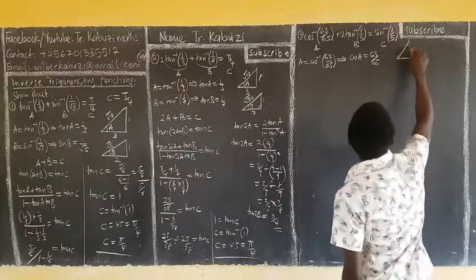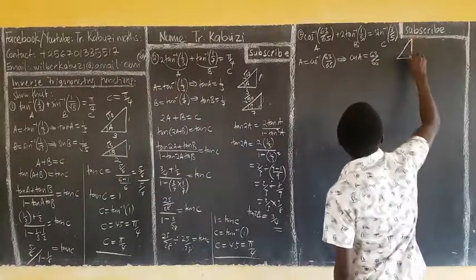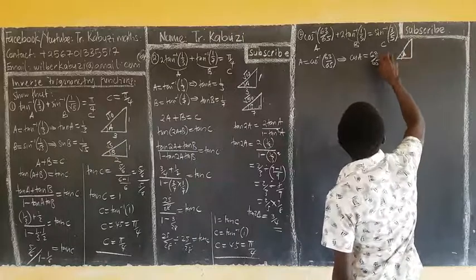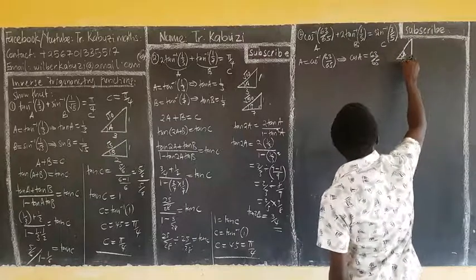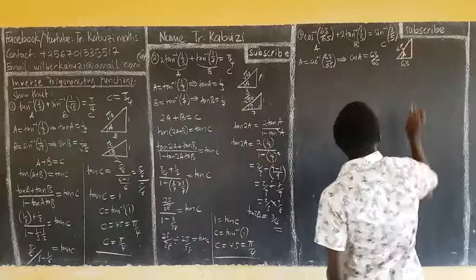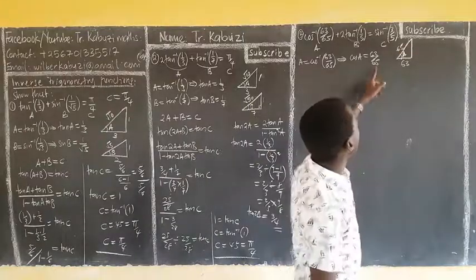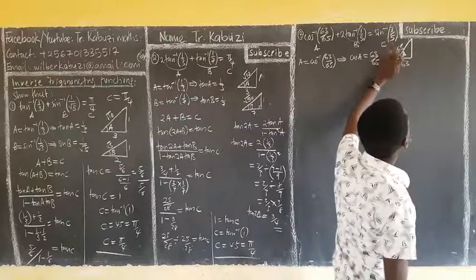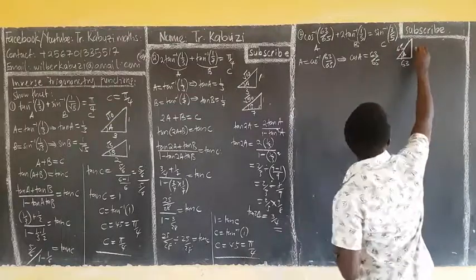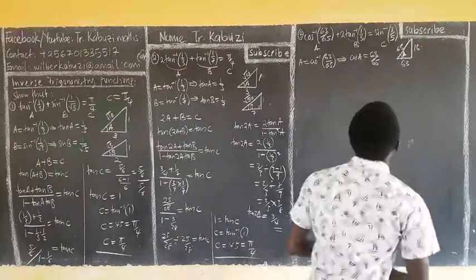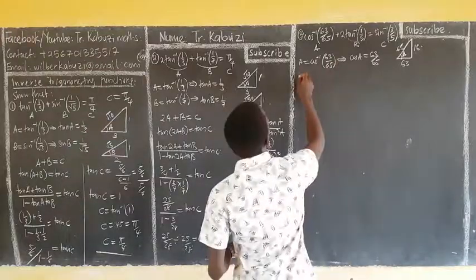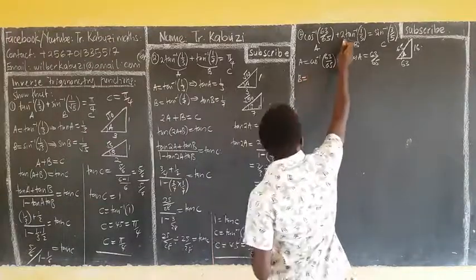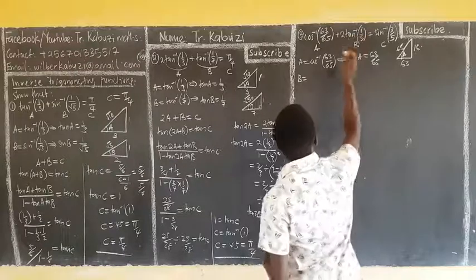Immediately we will write down the triangle there. This is A. This is adjacent, 63, and hypotenuse 65. If you simplify now, we shall get this squared minus this squared and the square root, and so this will give us 16. Then we don't include the 2, we just take this one, tan inverse.